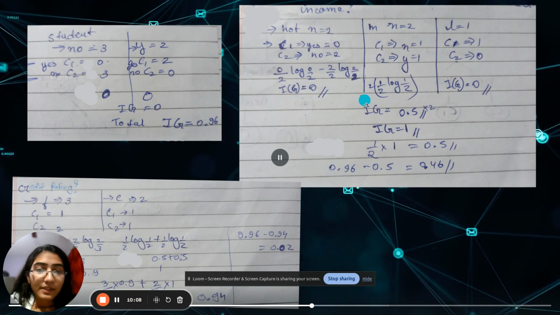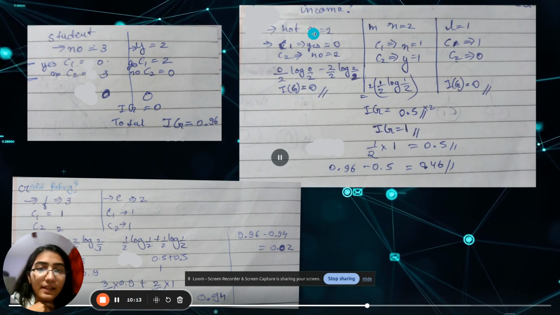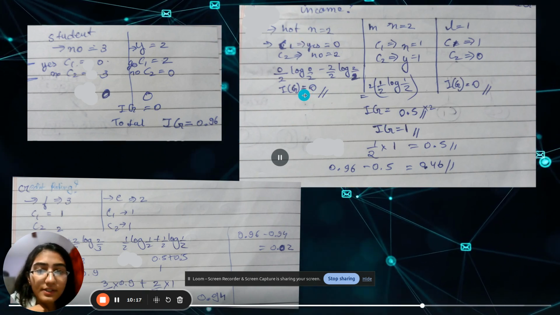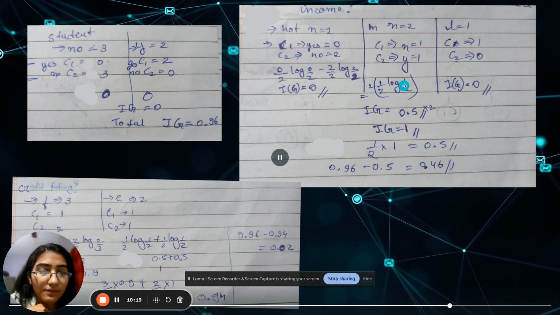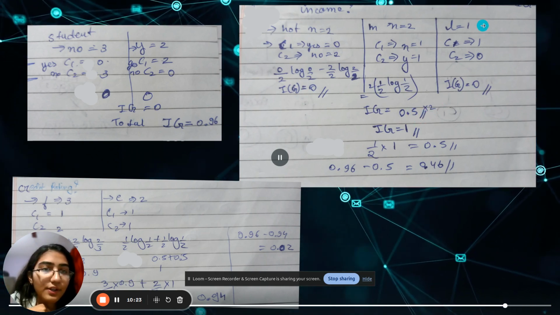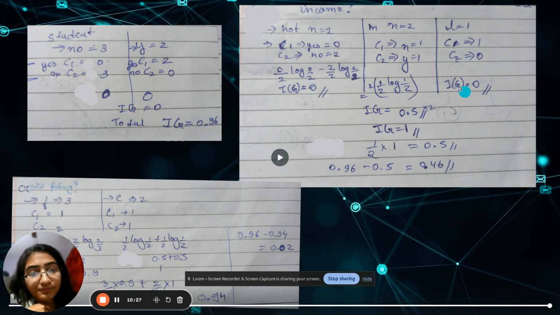For income, the information for this one is 0. For this one we have to calculate, and we will get 0.5, 0.5, and for the last one the information will be 0. So after calculating here, the information will be 1, and finding out the total information, this will be 0, this will be 0, this will be 2.